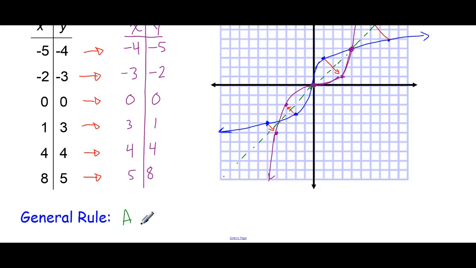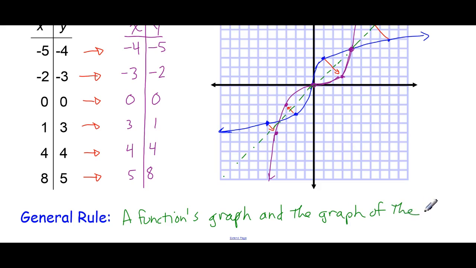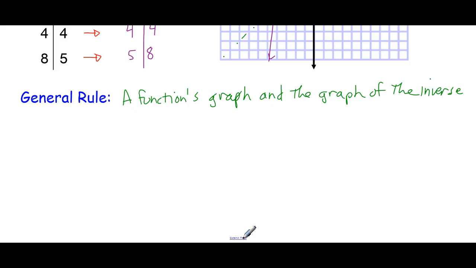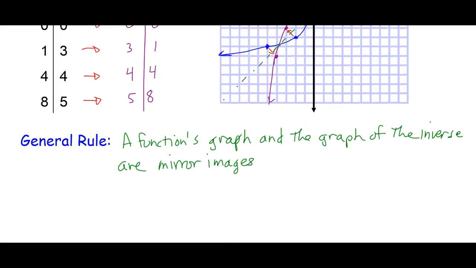So a function, its graph, and the graph of its inverse, those graphs are mirror images across, well, how am I going to describe that line?